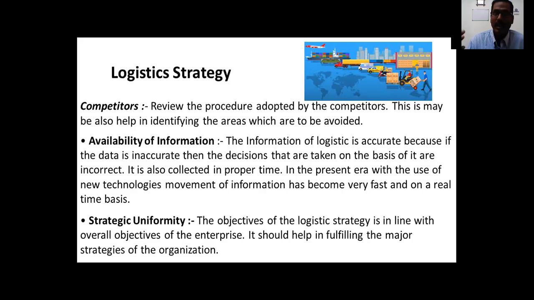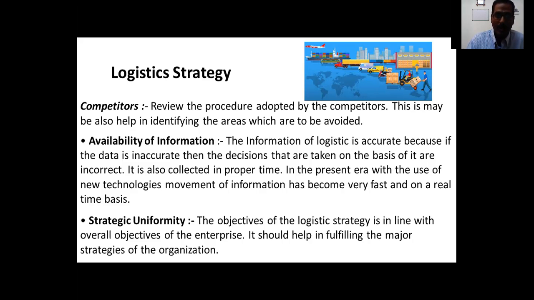We need to take into consideration whether it helps to fulfill our vision and mission, and also our resources, so it should be uniform. It should help in fulfilling the major strategies of the organization. That's very important. It's not just that we are able to do it, but is it in line with our vision? Vision is very important when you plan our logistic strategy.